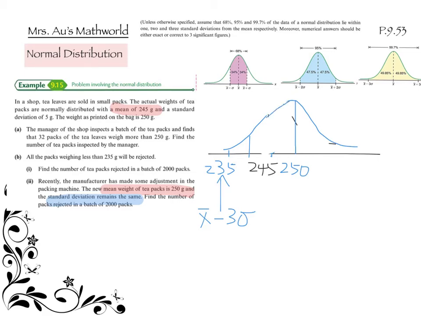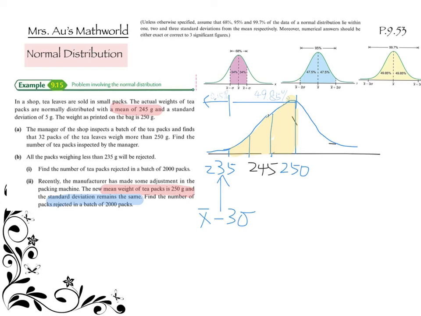So we know that x bar minus 3 SD is within, that means if it is between 235 and 250, then you get 49.85% in this way. And then for the rest, it is just 0.15%.